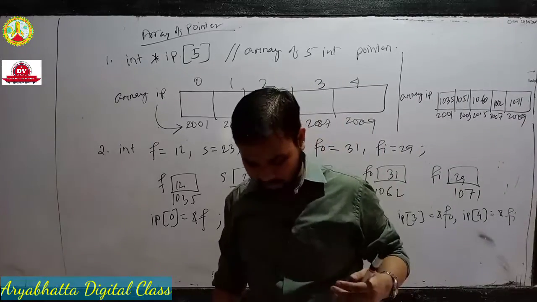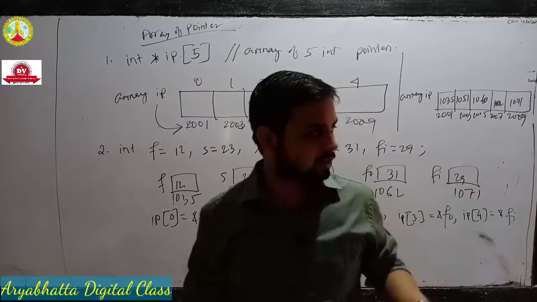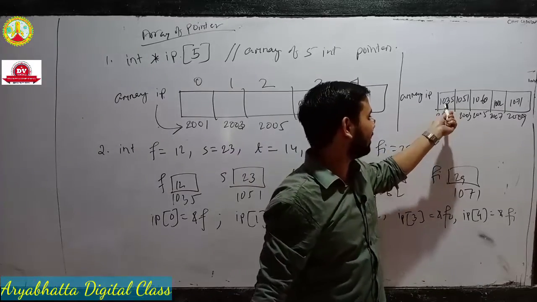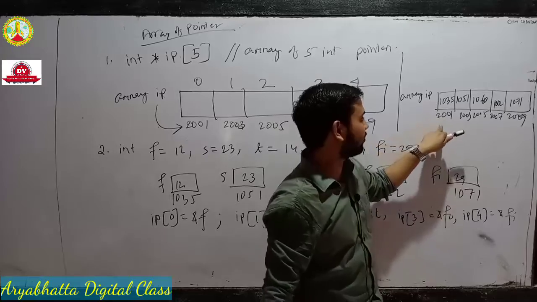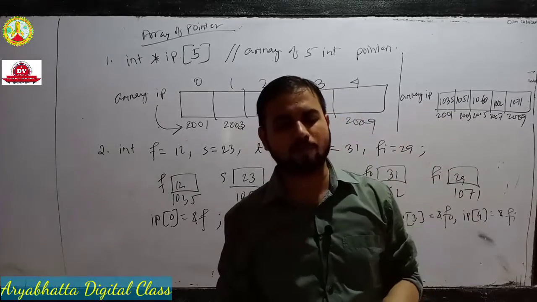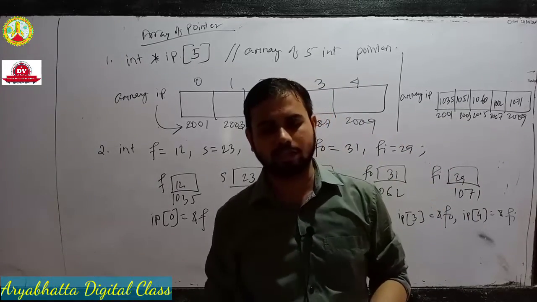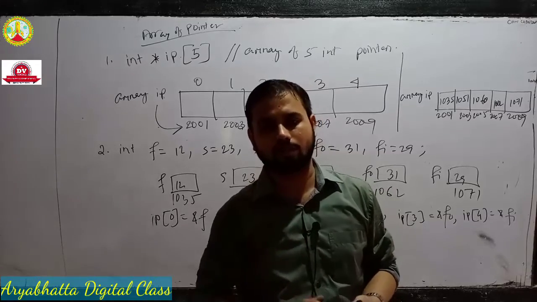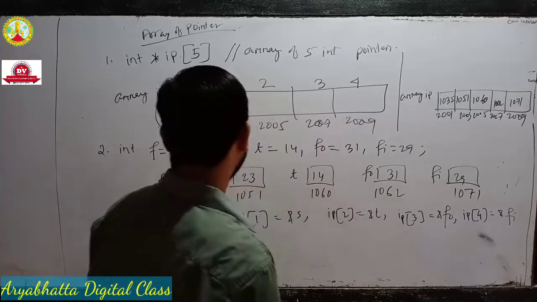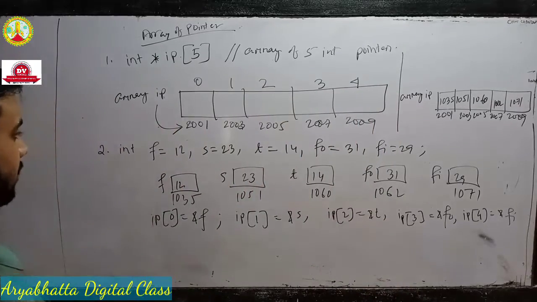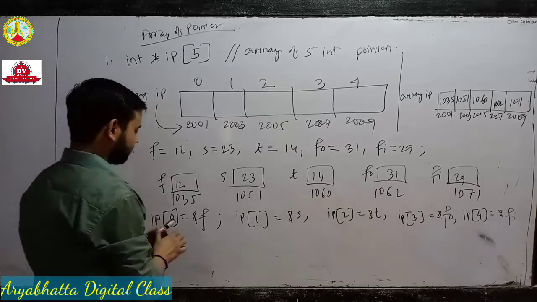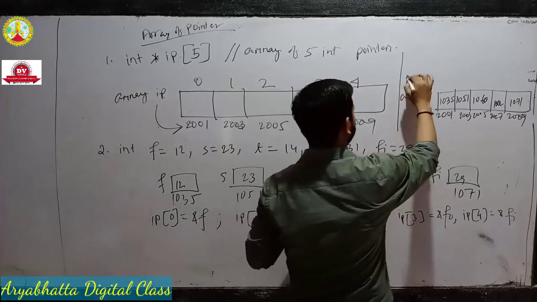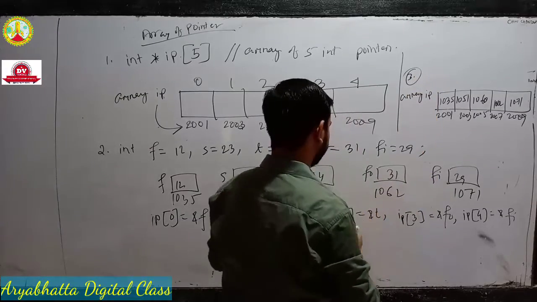One is the element, this element is a memory address, and each memory address also has another memory address. To access the value, we have to pass through the two memory addresses. That's why we use two stars. I think up to this you have a clear concept. This is actually step number 3.